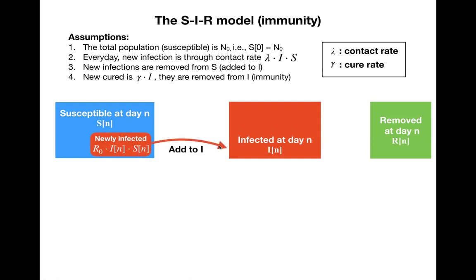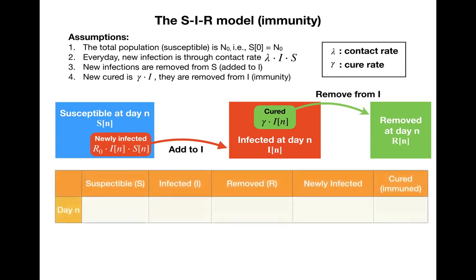These are added to I. And because we have medical treatment, gamma times I_n is the number of people who get cured, and those are removed from I. These people are now immune and can no longer get infected, so they are no longer part of the susceptible population. They don't go back to susceptible; they go to a new population called removed or recovered.